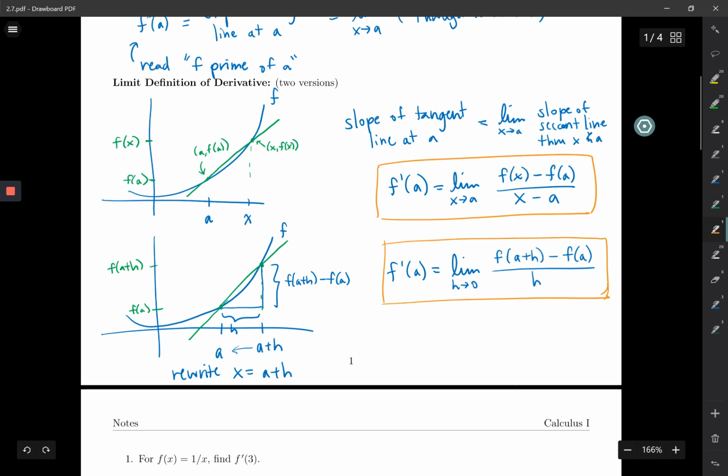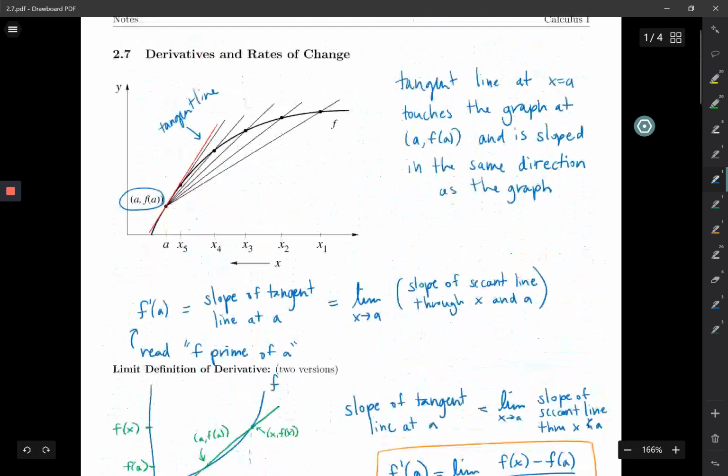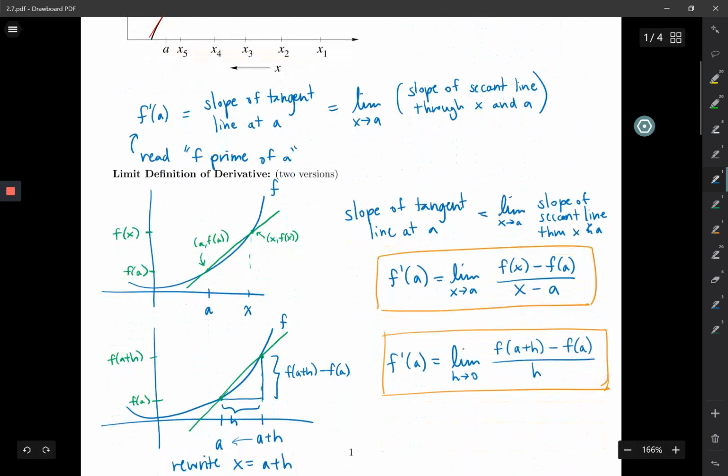One thing I want to clarify is that the way that I've drawn all of these pictures, including this one up here, although I didn't draw it, it looks like we're only approaching from the right-hand side, but that's just because it's convenient for drawing the picture. Actually, you should be approaching from both sides. So you could also have an x over here and imagine approaching it from the other way, right?